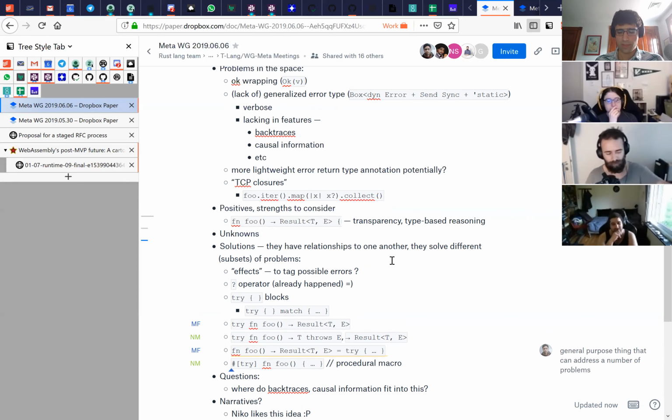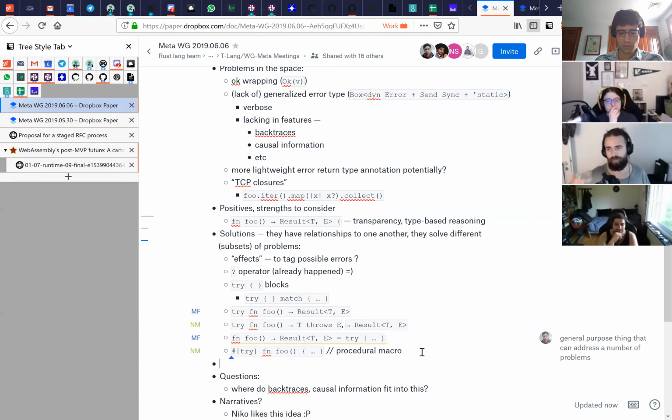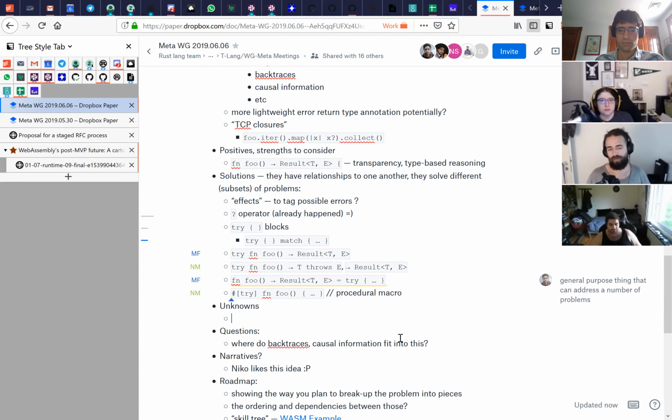Yes. Especially around the early phases, there will be a lot of unknowns, and some of them will be like, we think this is a good solution because we hypothesize the following, like that this will be very common, and you would want to be able to talk about that.